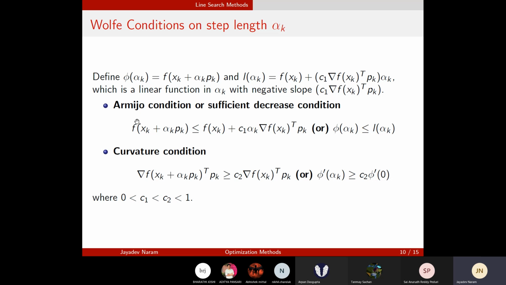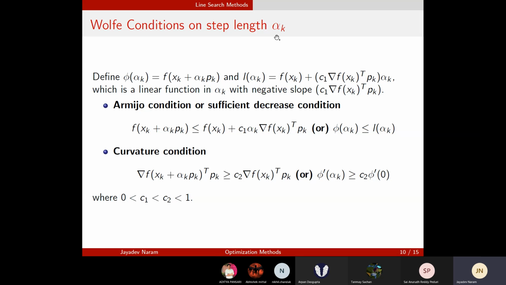It might happen that we have step lengths alpha k that satisfy the first condition, but alpha k is very small. Then it's no point, we are just taking very small steps, so the rate of convergence will be very slow. To restrict that, this curvature condition ensures that the alpha k's we are choosing are not very small. These two conditions collectively are called the Wolfe conditions.